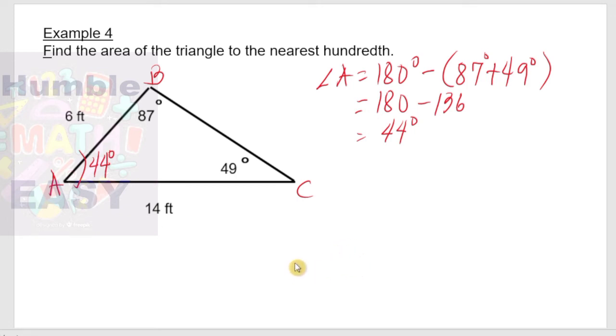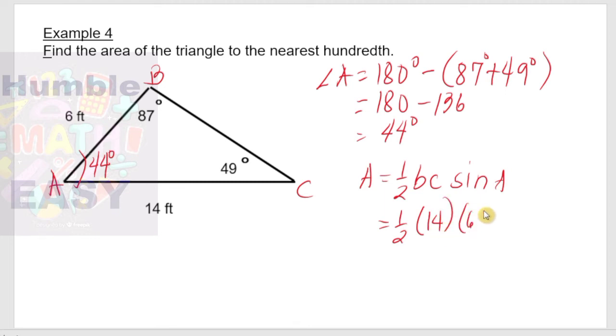So in that case, we can make use of the given formula for finding the area of a triangle. Area is equal to 1/2 BC sine A. So in this case, we have 1/2 times 14 times 6 times sine 44. Again, we cannot use the 87 degrees and 49 degrees for the sine, because they are not our included angle.